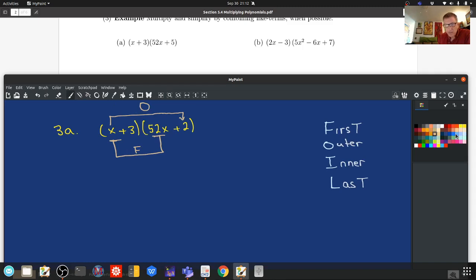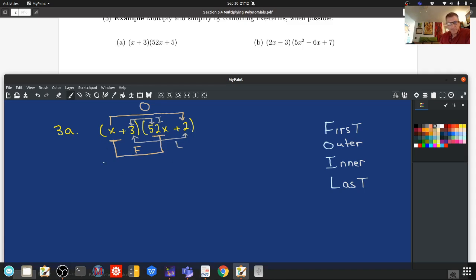Then my inner is going to be my 3 and my 52x. So that's my inner. And my last are going to be my 3 and my 2. So first is the first terms in each binomial. The outer terms, when they're put together, are the extreme terms. The inner terms are the two close together. And then the last terms are the second term in the first binomial and the second term in the second.